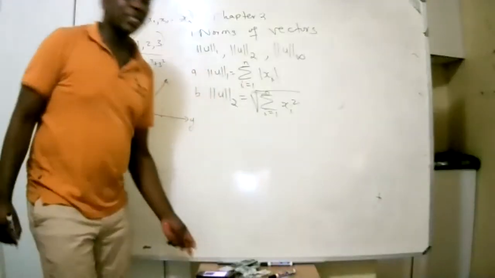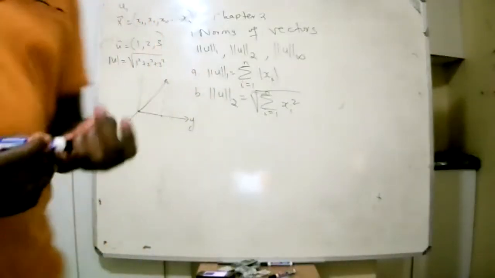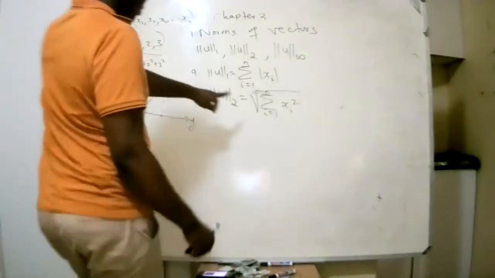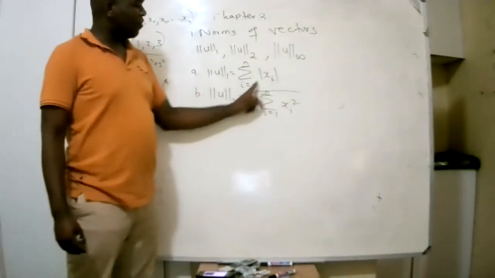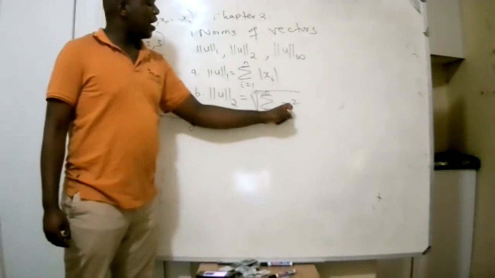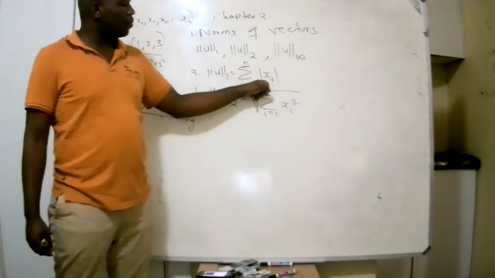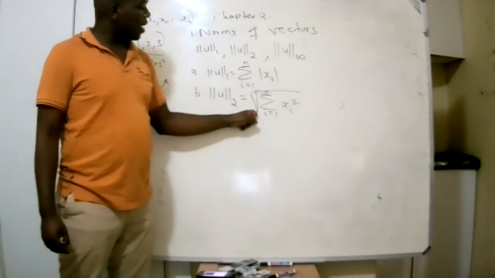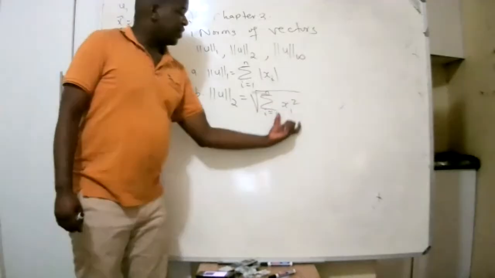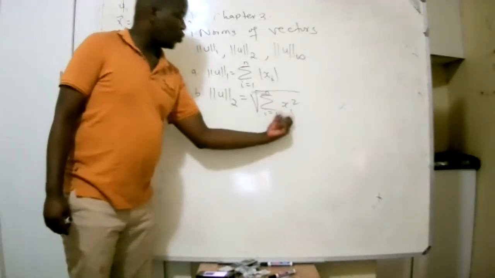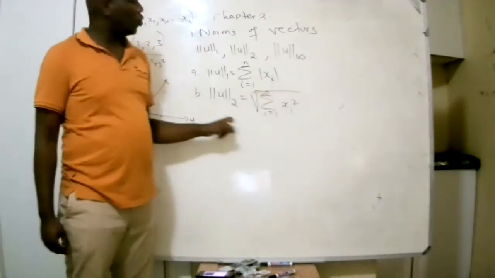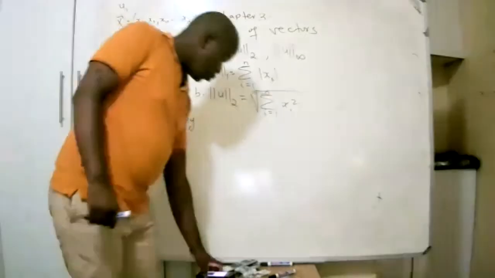These are more or less the same, except that in this case we have a root of the sum of xi squared. Instead of just taking the sum of the absolute values of xi, you are now taking the square of each, you sum them, and then you take the root. You'll get what is called the 2 norm.